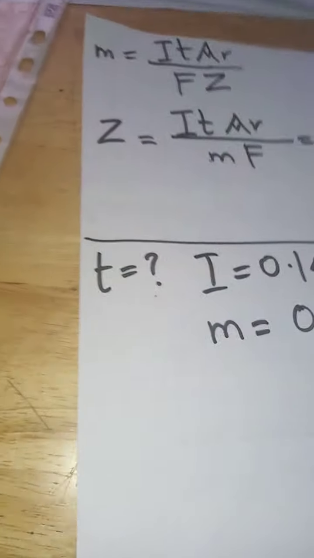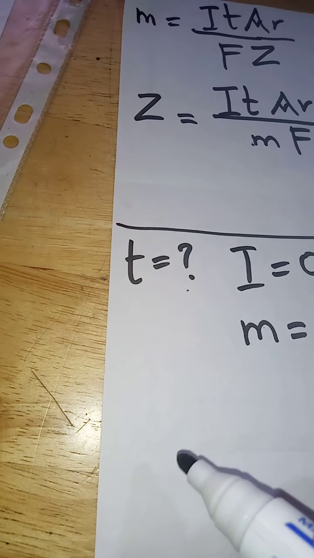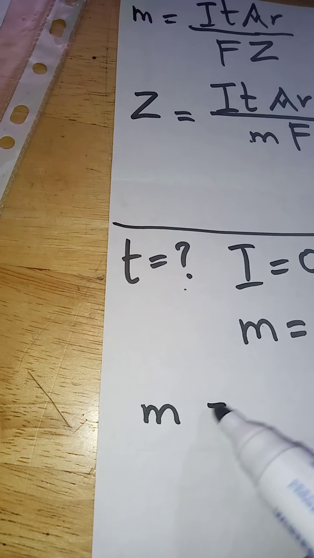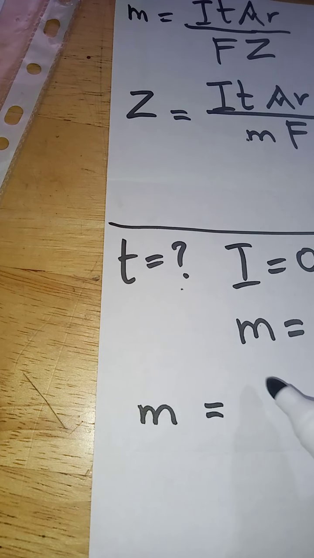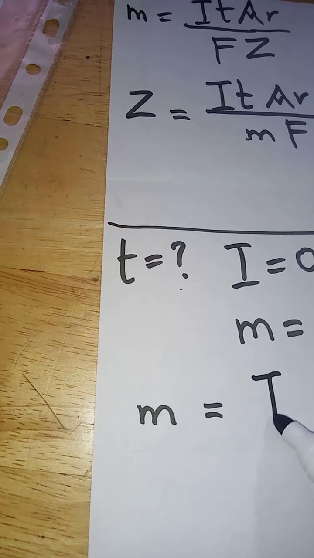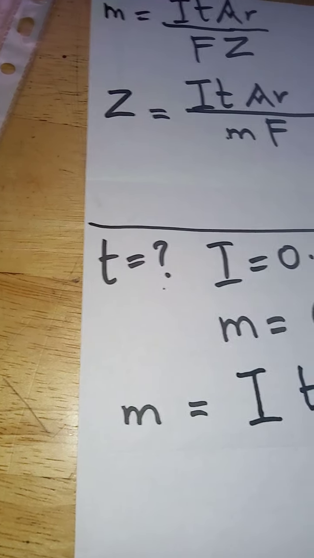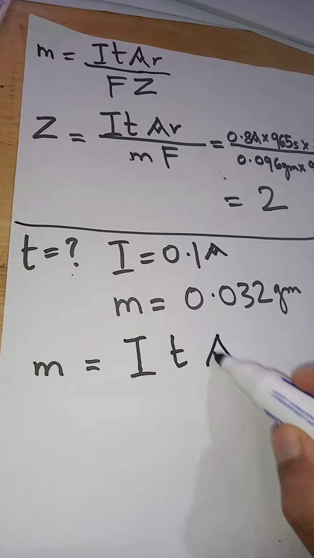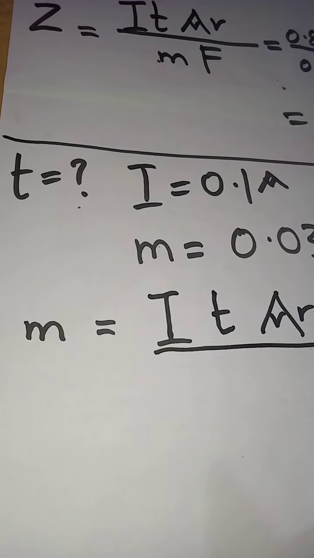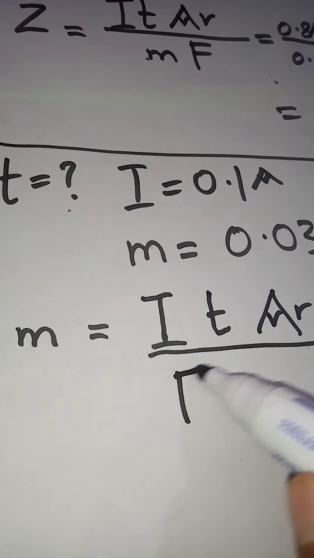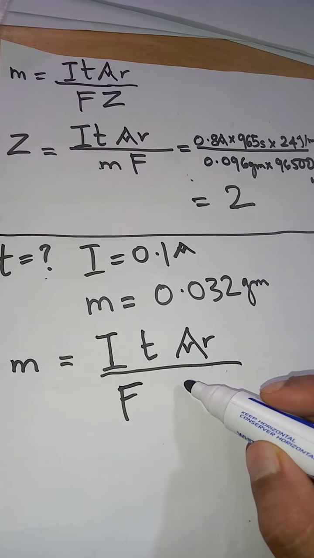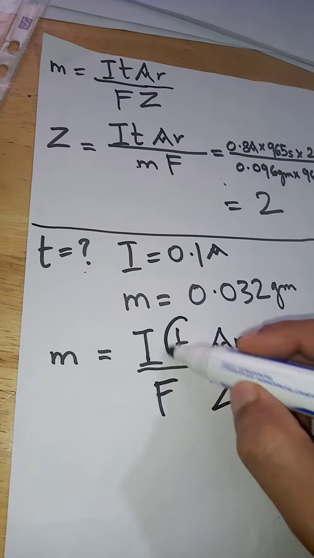So I could use this formula again. We've got the mass. I've got the current. I don't have the time. I've got the atomic mass of copper. I've got the Faraday constant, and I've got the oxidation number. So I need this.